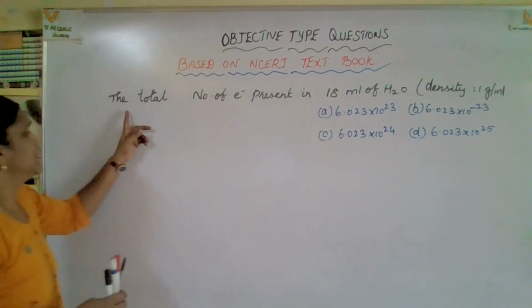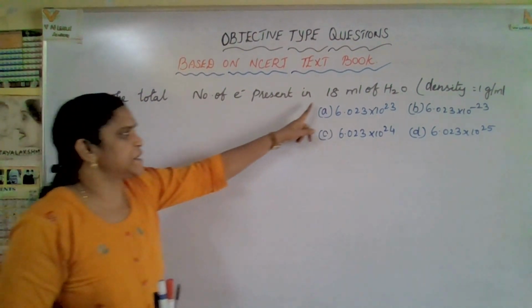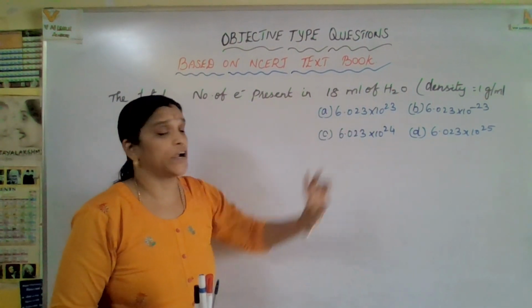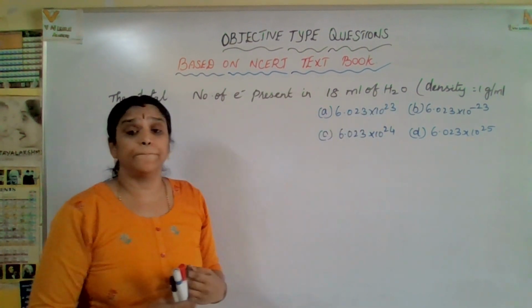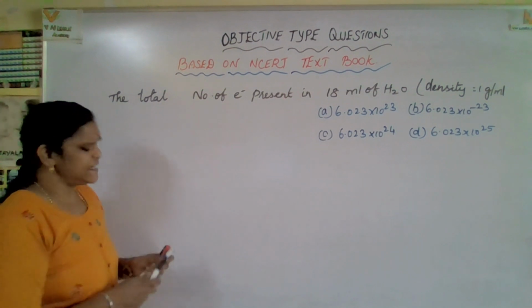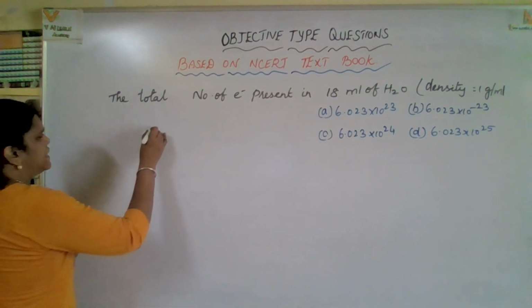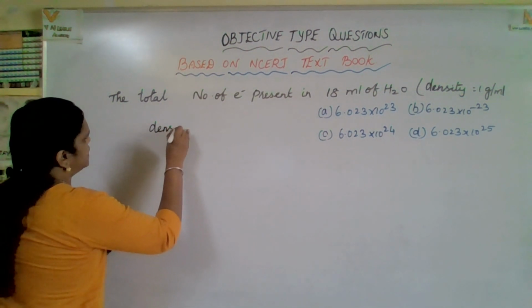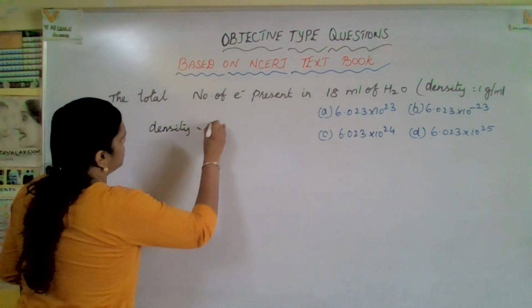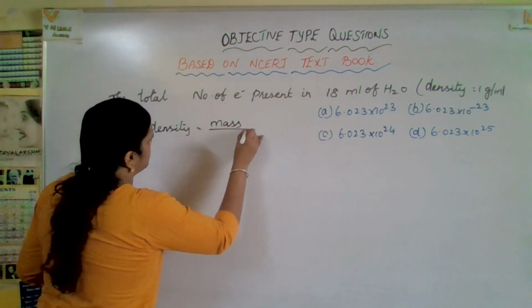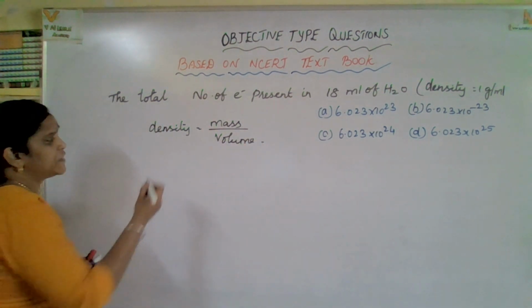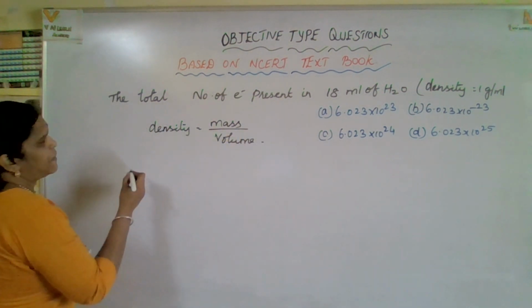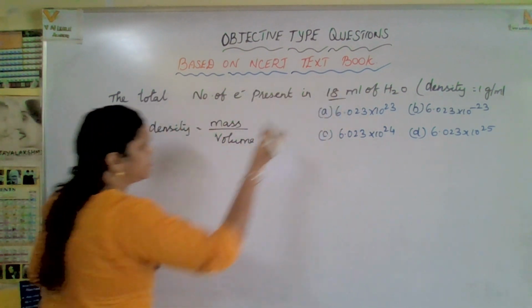The next question. The total number of electrons present in 18 ml of water, density they have provided, that is 1 gram per ml. If they are giving density, then density equal to mass by volume, right? So we have to find out the mass of 18 ml of water. Volume they have provided.